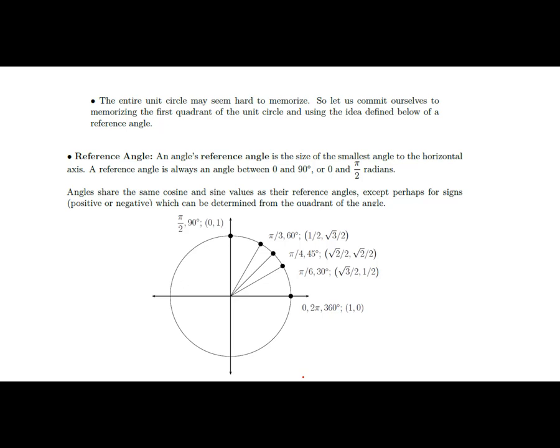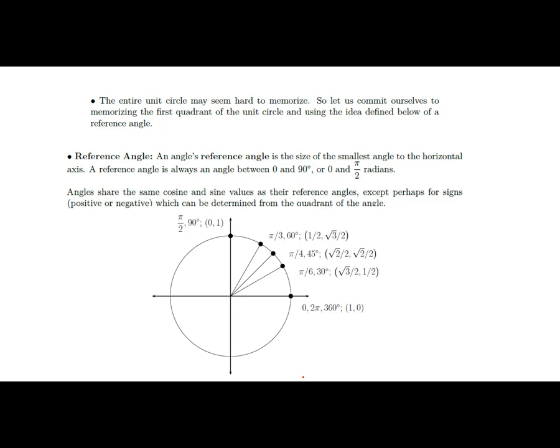So I should be able to say, quick, what's the sine of 11 pi over 6, or what's the cosine of 5 pi over 3, and you should be able to give that answer back to me really quickly. However, it's kind of a tall order to have to memorize the entire unit circle, right? There's just so much there, as you saw on the previous slide.